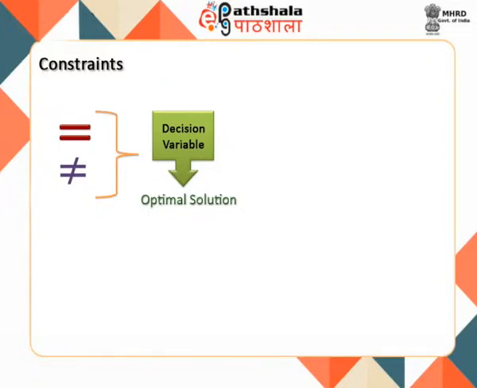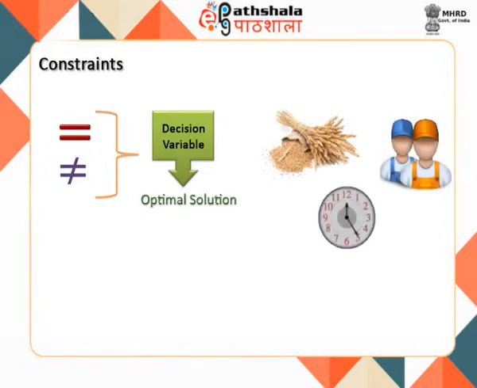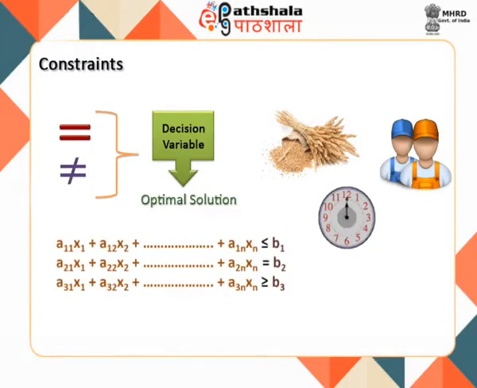For example, availability of raw material, availability of laborers' time, etc. The right-hand side of the constraint indicates the total amount of resource available for the project, whereas the left-hand side of the constraint signifies the restriction. Constraints generally carry less than or equal to, more than or equal to, and equal to sign, and sometimes are unrestricted.